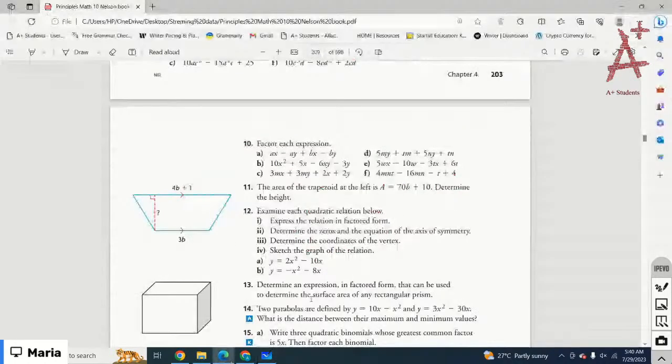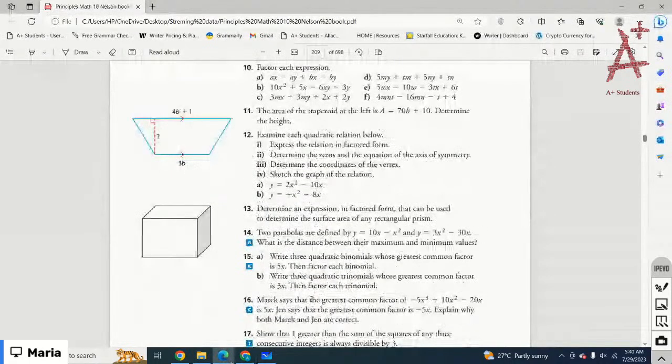Okay, we'll continue from question 11 in the next session. Let me just note it down. We have to start from 4.1 question 11 in the next session.